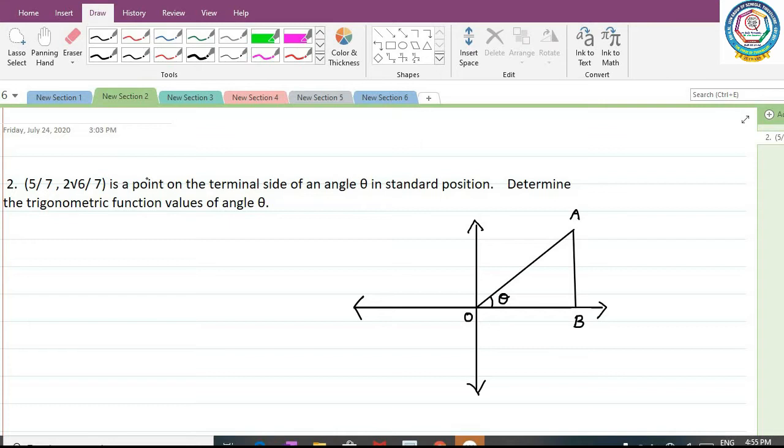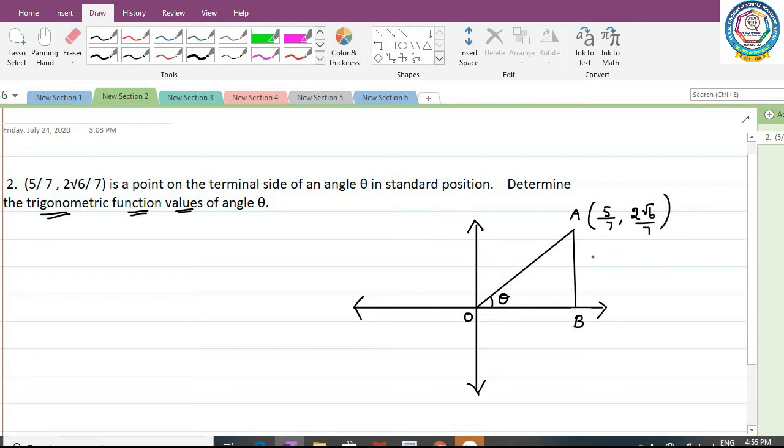It's the first quadrant. So this is the position of that point. This is the terminal side, theta here. This is the standard position. So we have to find the trigonometric function values of theta.